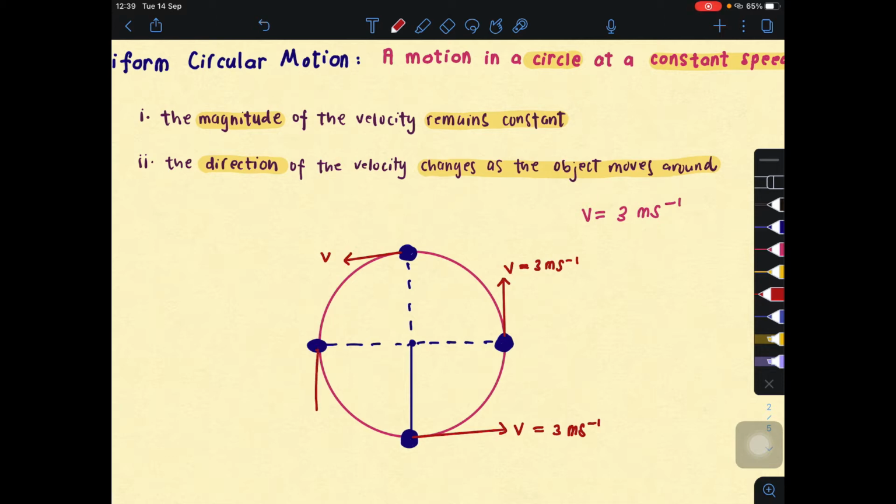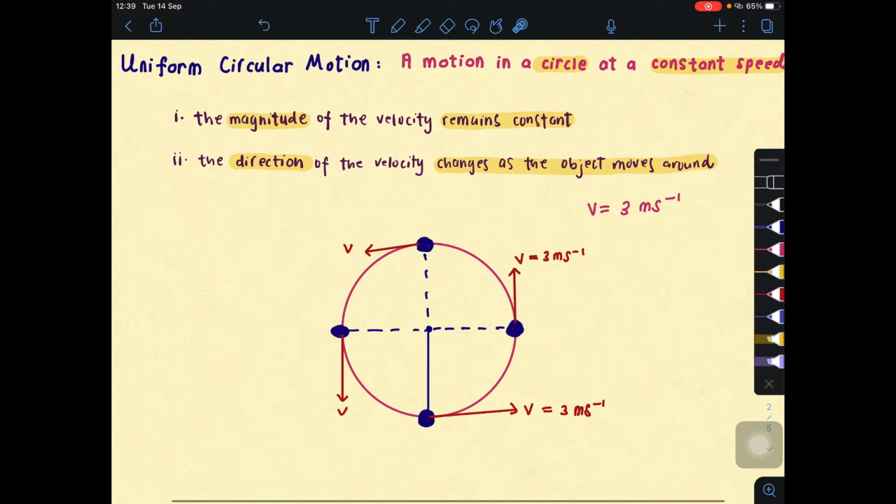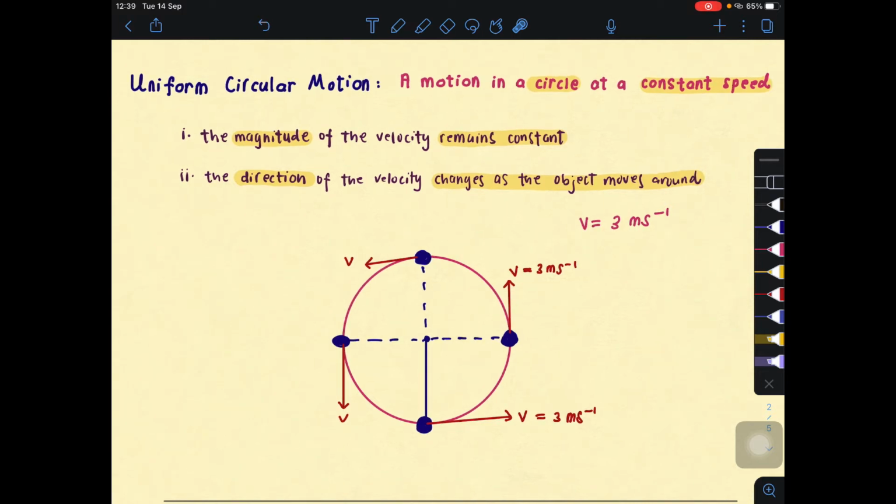And at this point, velocity dia adalah ke bawah. So velocity di sini mestilah tangent to the circle. Apa maksud tangent? Tangent maksudnya dia akan sentuh sedikit permukaan circle. This is why we said magnitude remains the same, but direction changes as the object moves around.